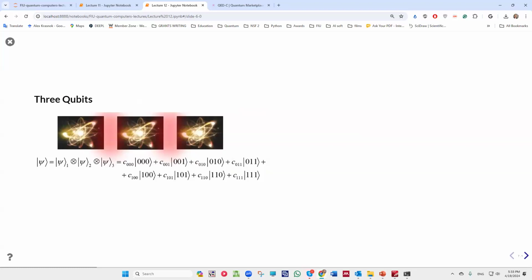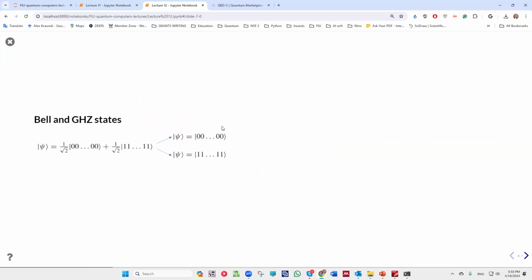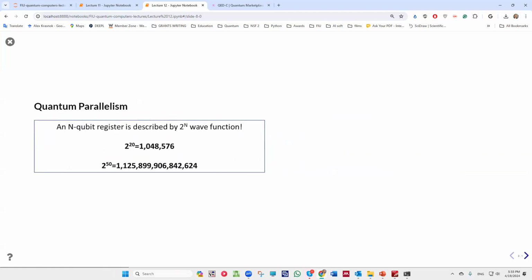If we scale up the system to 3 qubits, now the number of these coefficients is 8, which is 2 to the power of 3. And if we continue this scaling further, the number of basis states of our computation system grows exponentially, 2 to the power of n.